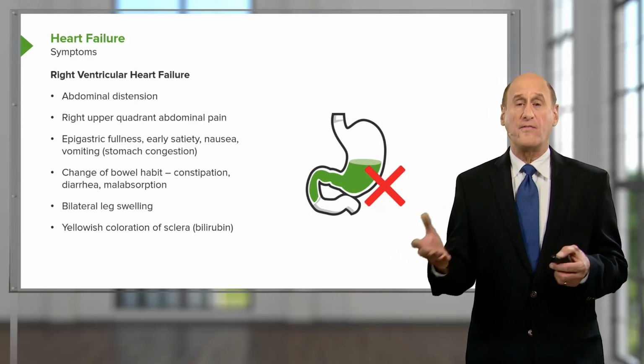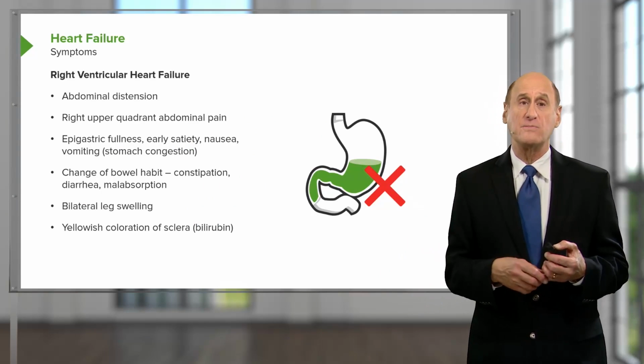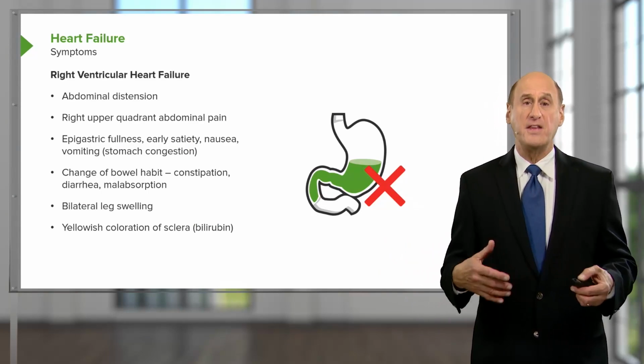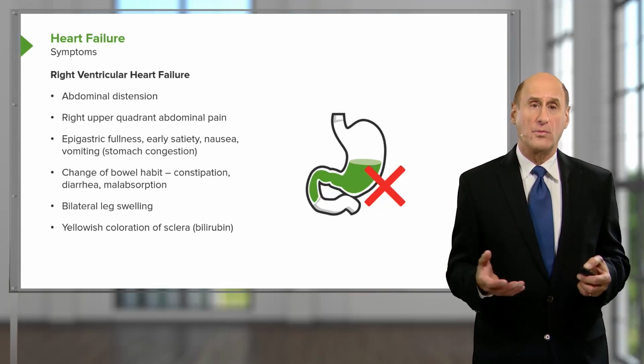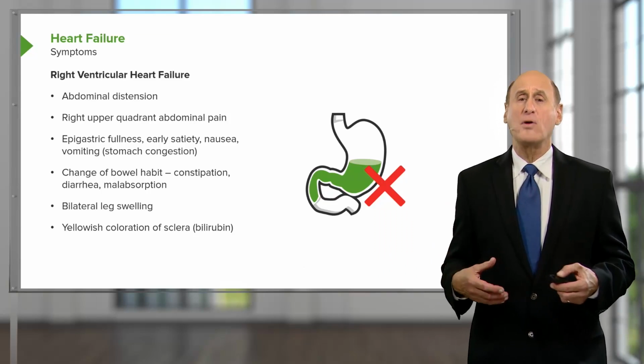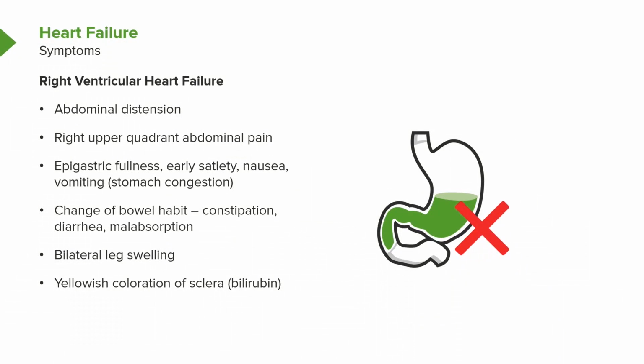Right ventricular heart failure alone can cause a different set of symptoms and signs. Of course, the edema, the extra fluid, is in the legs. And you will remember that you may have problems in the abdomen because the increased venous pressure backing up is not only in the legs, but it's also in the abdomen. The liver swells.